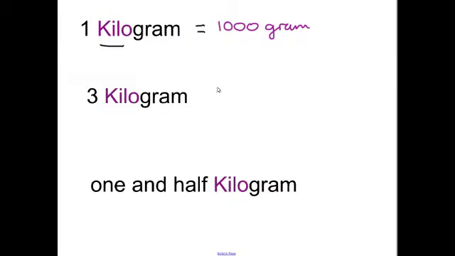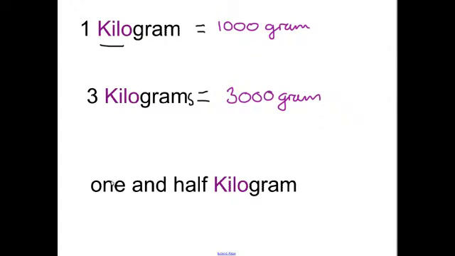Fairly straightforward if you can remember what the prefix means. 3 kilograms, let's pluralize. If 1 kilogram is 1,000, 2 kilograms is 2,000, 3 kilograms is 3,000. So it would be 3,000 grams.